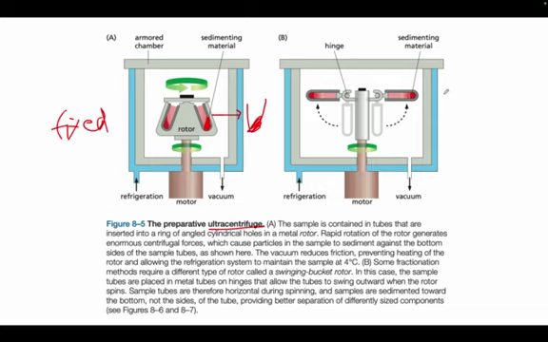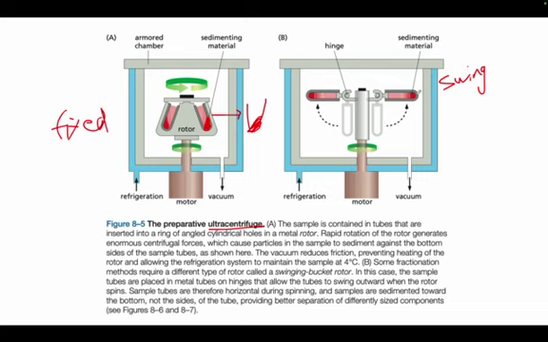The second option is something called swinging bucket, where there's a hinge over here and the tube is free to move and spin like this at a 90-degree angle.